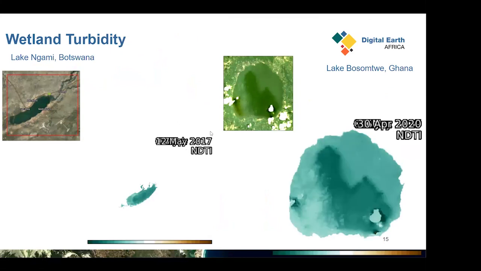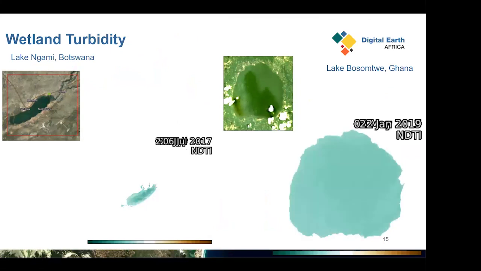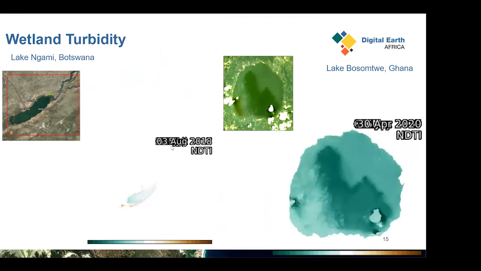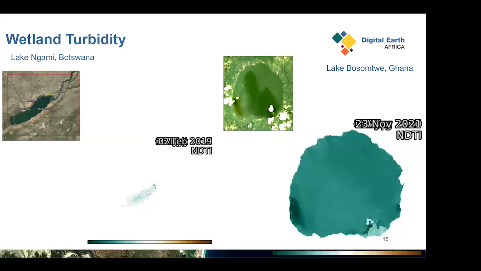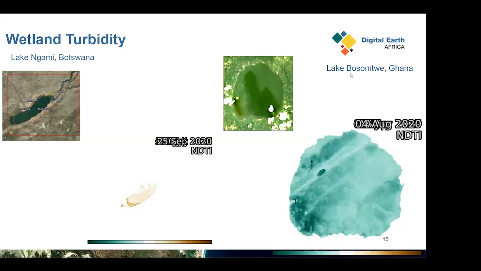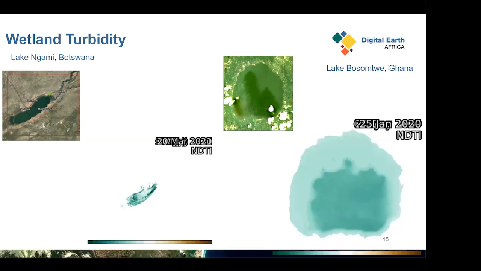Now we try to have some examples assessing wetland turbidity. One example was Lake Ngami, in Botswana, and through this animation, you could see how the turbidity is increasing. Here they are showing some dates in the months, and the same has been done for Lake Bosomtwe in Ghana.